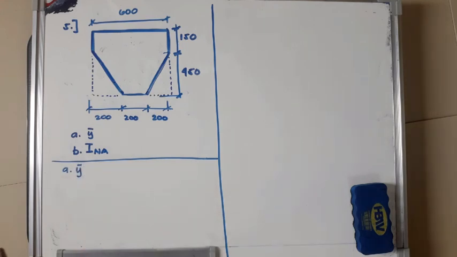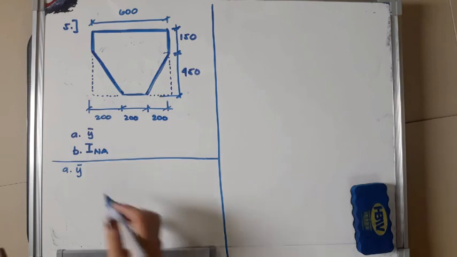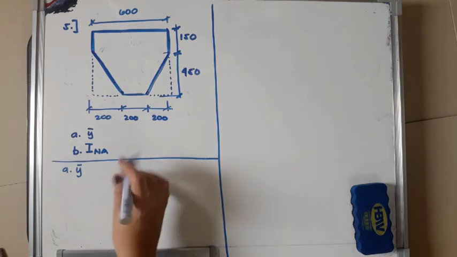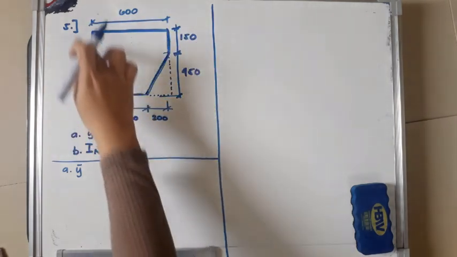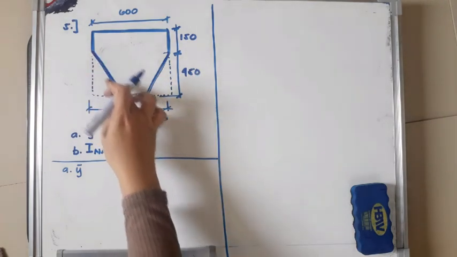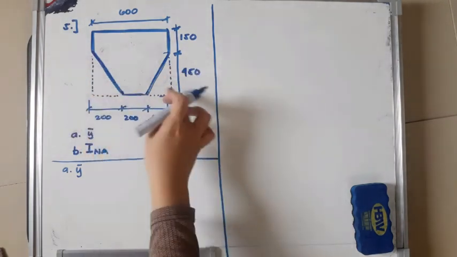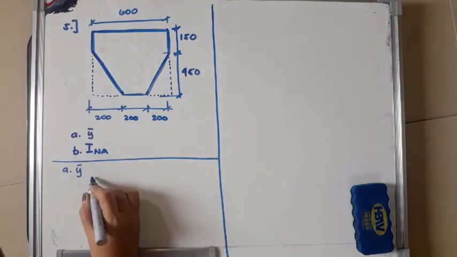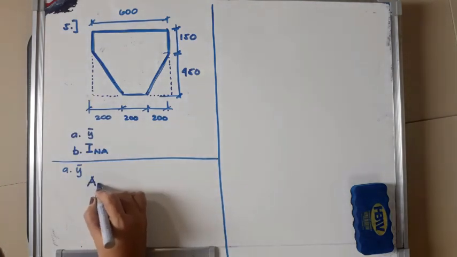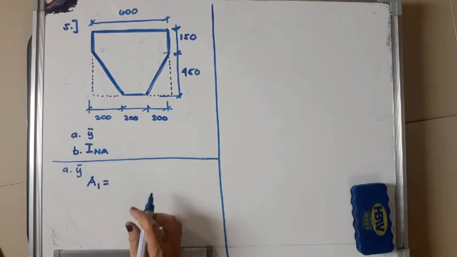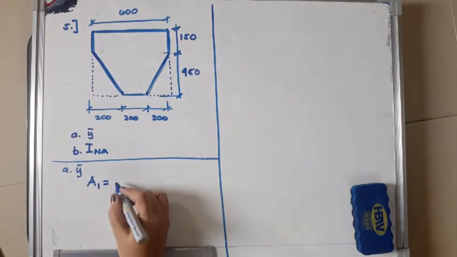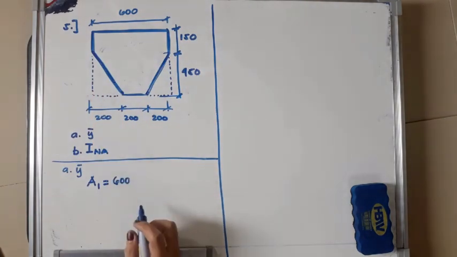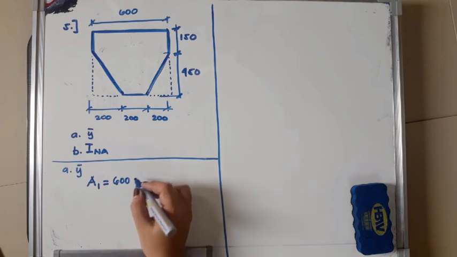So we have 2 areas here. The area of the whole rectangle and the 2 triangles here. Okay? So for area 1, our base is 600. The height is also 600.